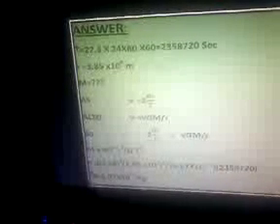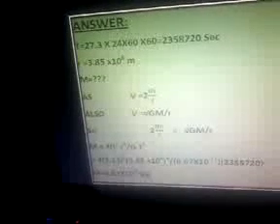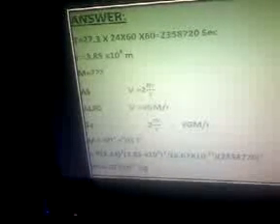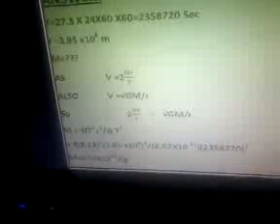Also, v equals root G M over r. So, 2 pi r over T equals root G M over r. So, M equals 4 pi^2 r^3 over G T^2.